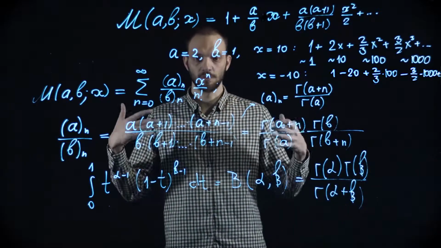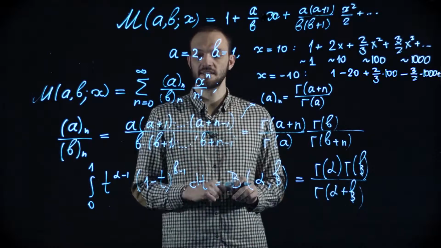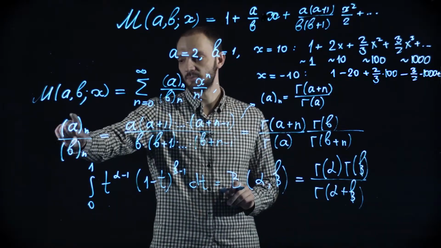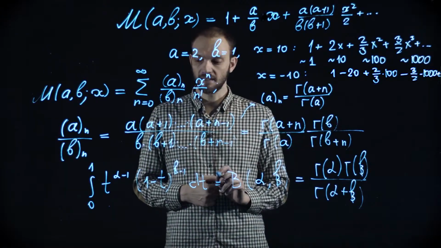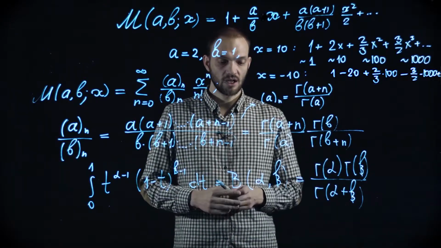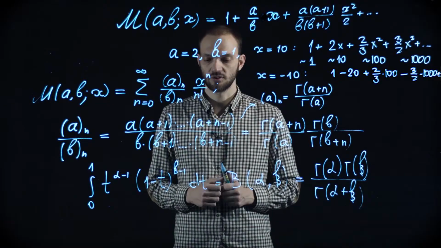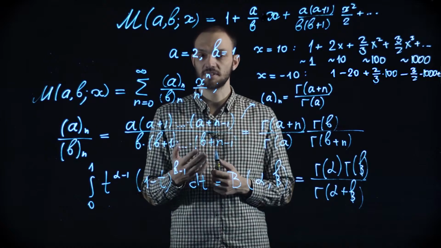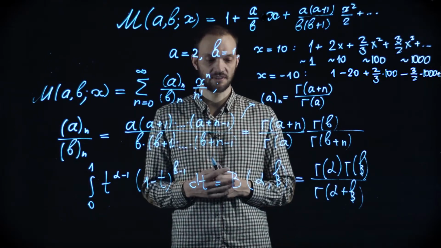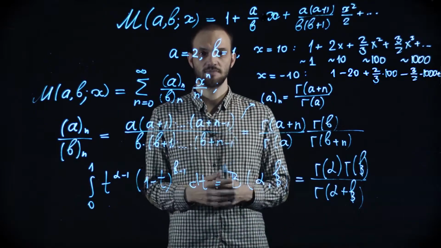So our strategy for dealing with this is the following. First of all, we express this combinatorial factor as the ratio of gamma functions, and then for this ratio of gamma functions, we make use of the beta integral representation, and this will allow us to construct a new representation for M, which is called the integral representation, which will be shown to you on the next slide.